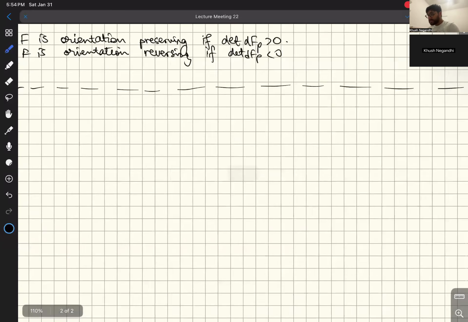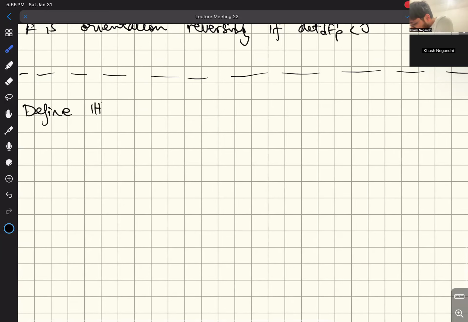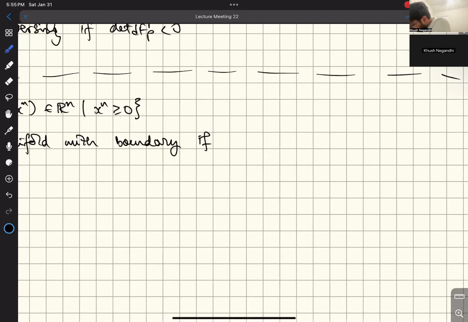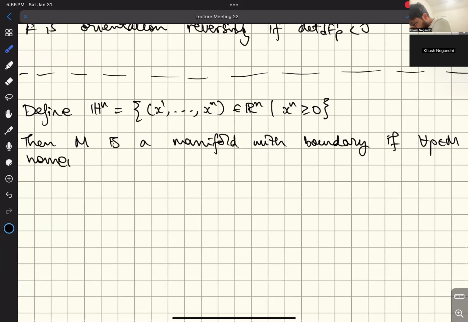So, and this is what a manifold with boundary is. So we're going to define H^n to be a subset of R^n, given by the condition that x_n must be bigger than or equal to 0. Okay, so it's not just the upper half plane, but it's also the upper half plane, including the x_n equals 0 plane. Then M is a manifold with boundary if for all p in M there exists U subset of M open and a homeomorphism phi from U into U hat, which is a subset of R^n or H^n.